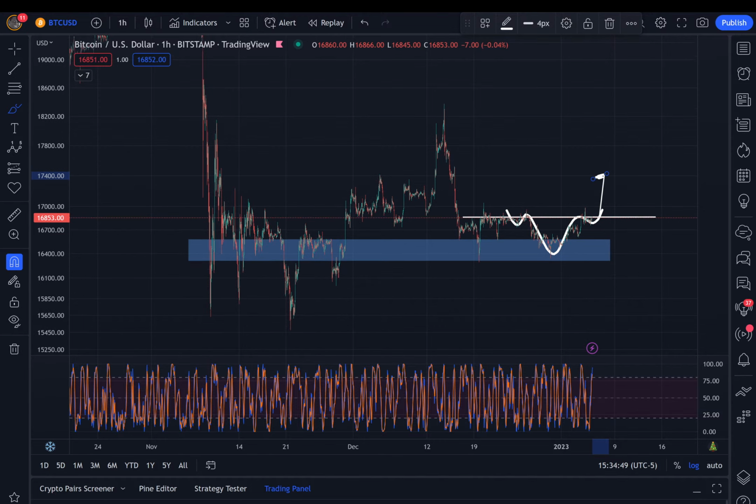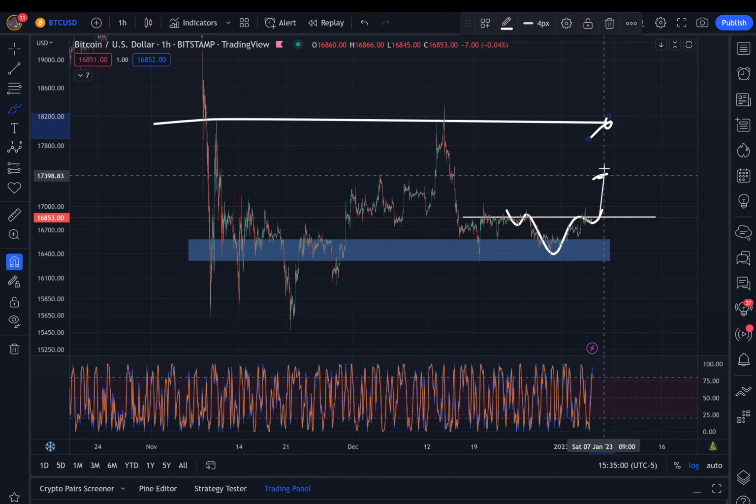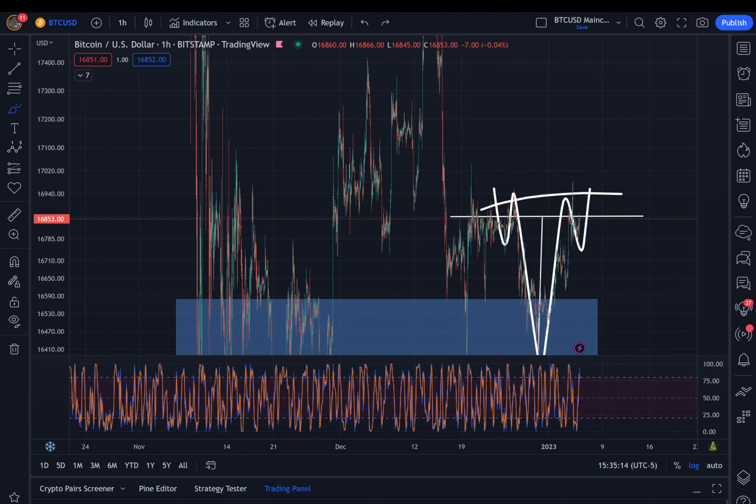You're neither here nor there. The next major or significant resistance would be up here. Do you see around 18K? So I would say even if you did break out of this and you did some retracement, you would at least hit this target right there if that were the move that you were making, okay? So that's my small time frame analysis on Bitcoin.